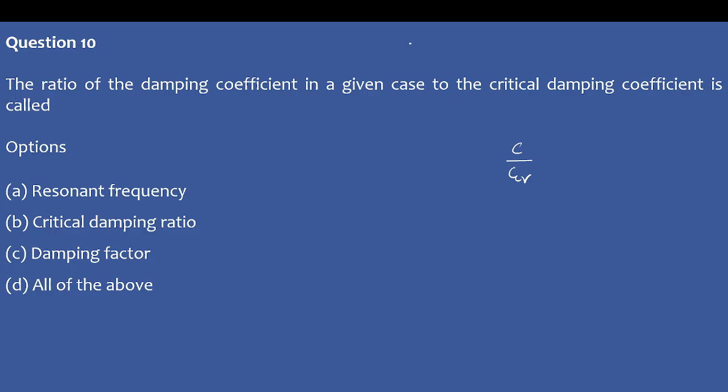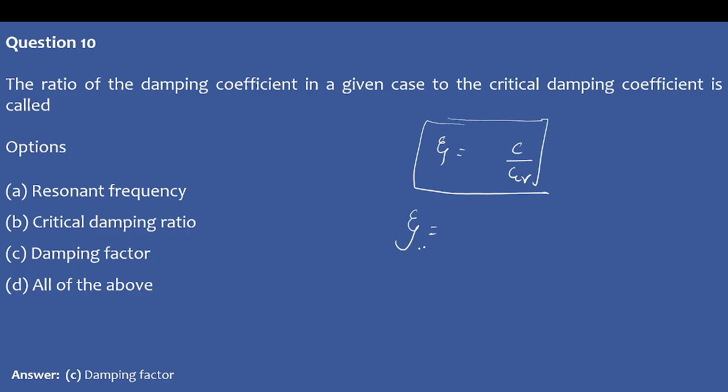The correct answer is C. Yes, it's the damping factor, which is denoted by xi. So xi is your C by C critical.